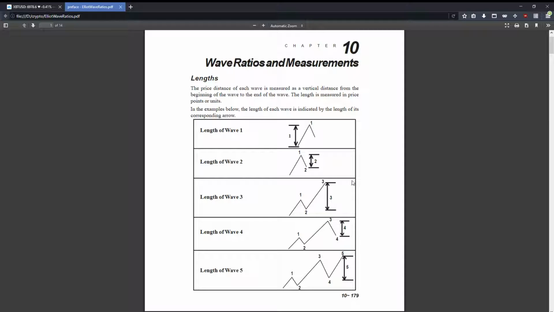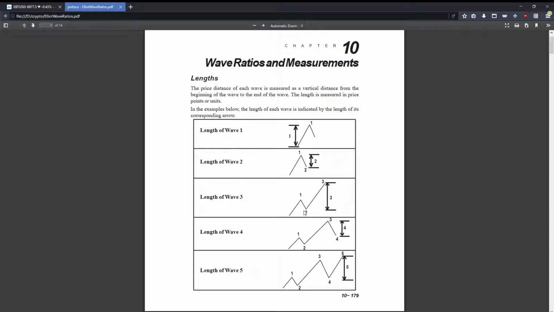So, to start, I guess we should go over the lengths of each wave and how to find the beginning and the end of them. This should be fairly straightforward, but the length of wave 1 is of course our starting point and the first high of the impulse wave. And wave 2 is from the top of our last high to a retrace level.